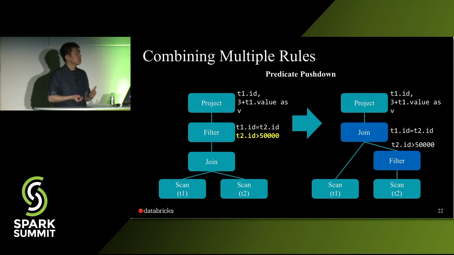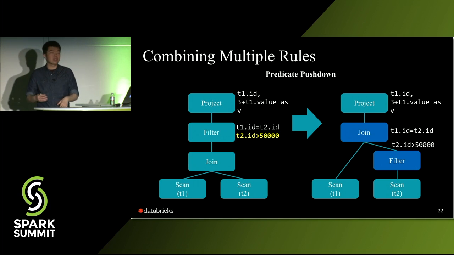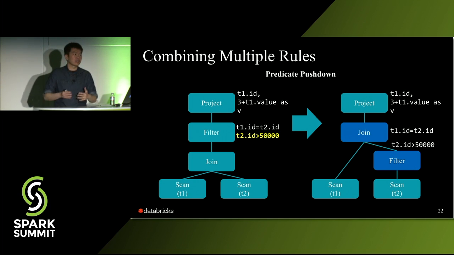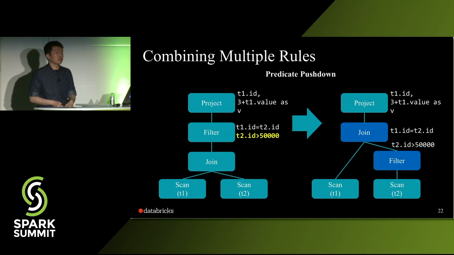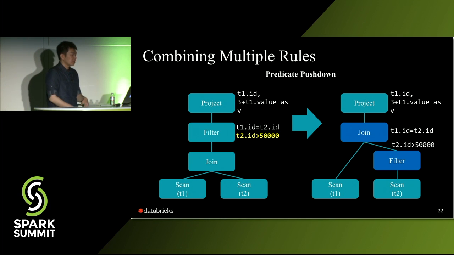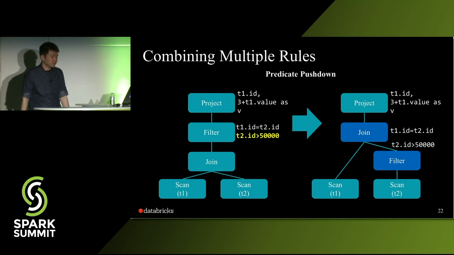So what we can do is push down the predicate through the join. Basically, we want to evaluate the predicate first. That will reduce the input size of the join and speed up the join performance. So this is called predicate pushdown. We first push down the filter through the join and evaluate that first.